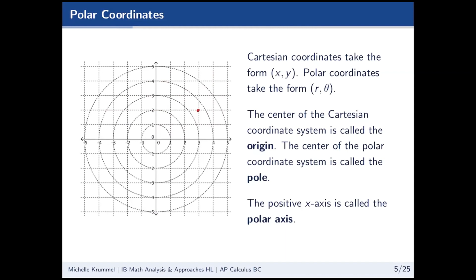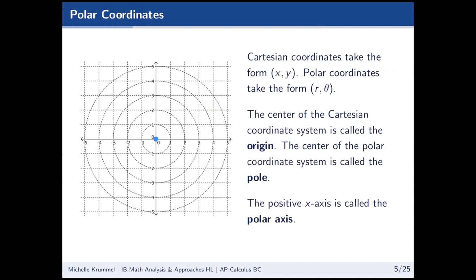So this point right here. But we can also get to that point in the polar coordinate system by finding this angle and then measuring this distance, r. And in the Cartesian coordinate system, the point with coordinates 0, 0 is called the origin. And that is this point right here.